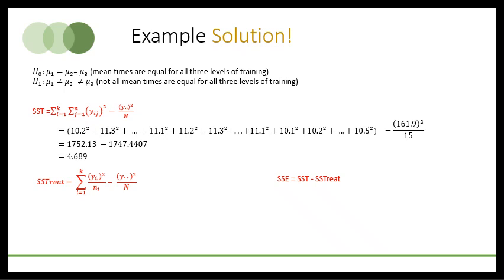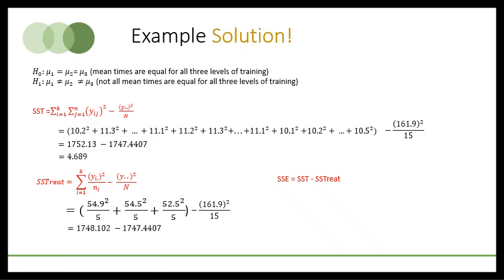And to determine the SSTR, we will have the summation of y square over ni minus summation y square over capital N. Therefore, we will square the total score for each of the training levels, which is 54.9 square over 5 plus 54.5 square over 5 plus 52.5 square over 5 and minus 161.9 squared over 15.